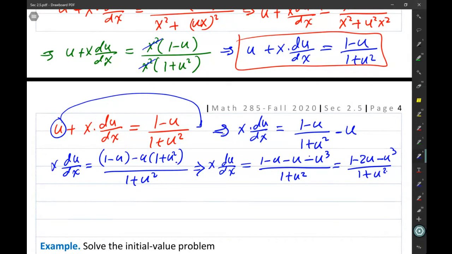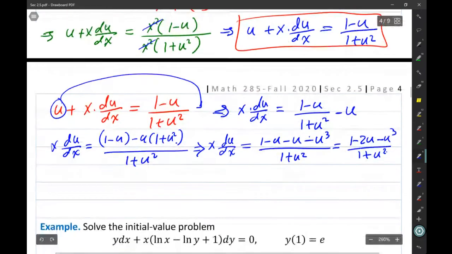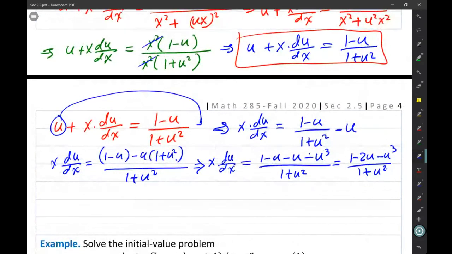Now multiplied by the reciprocal, we can solve it now by the separation method.